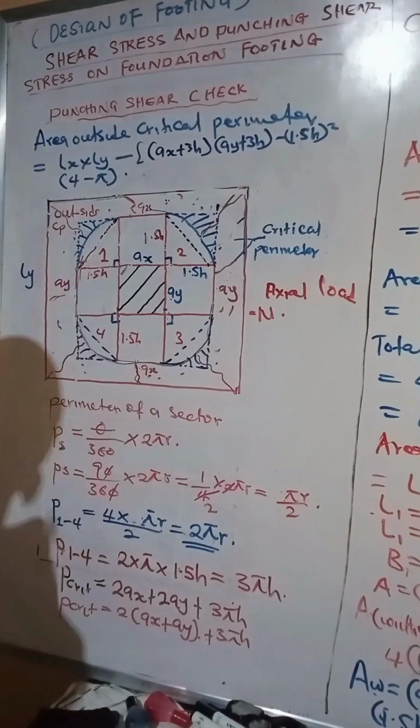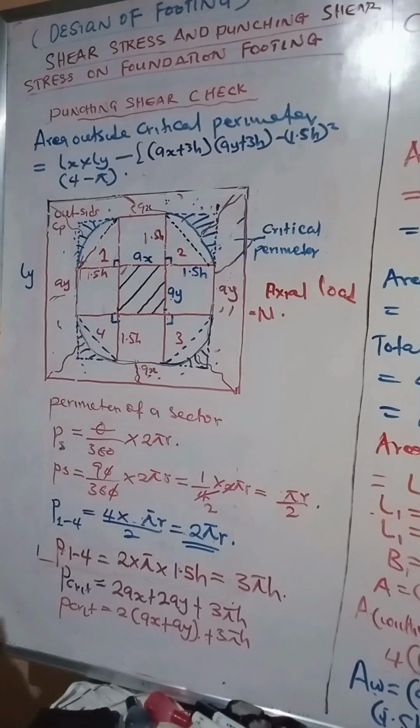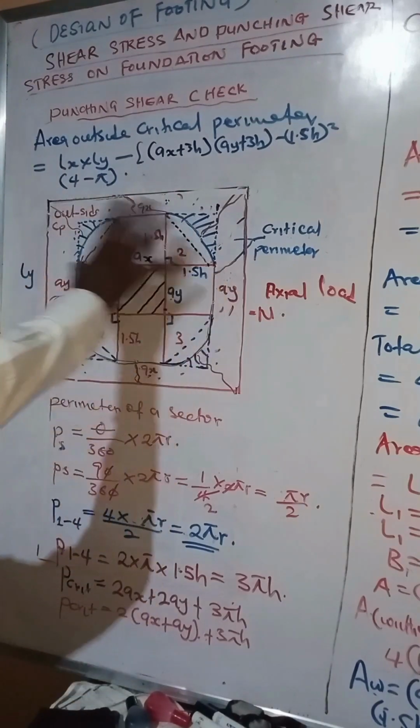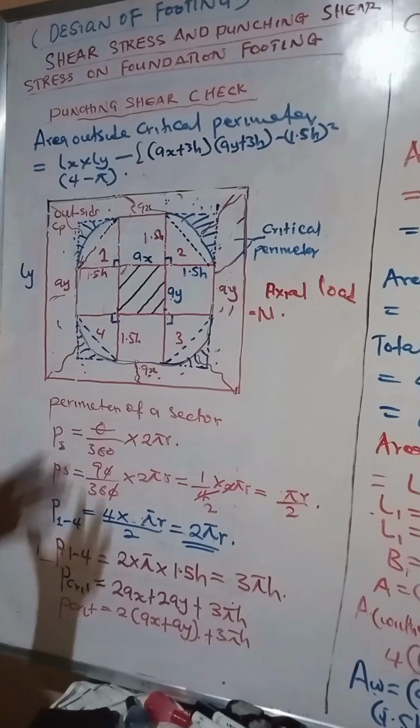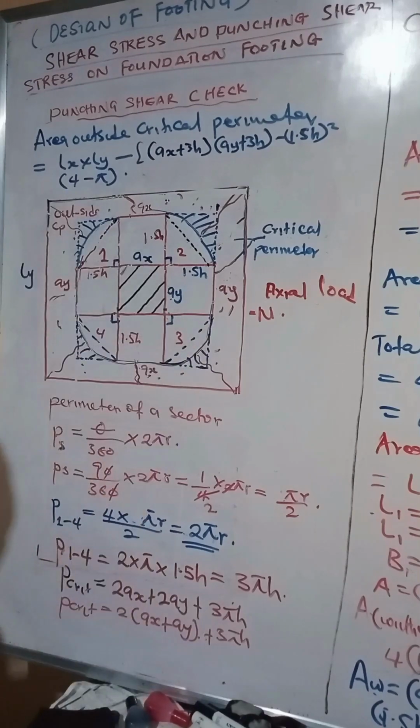So we know that the axial stress on this footing is uniform. So what we need to do is to say the axial load from the column divided by the entire area the load is acting on. And it's assumed that the load is acting on the entire surface of the footing.